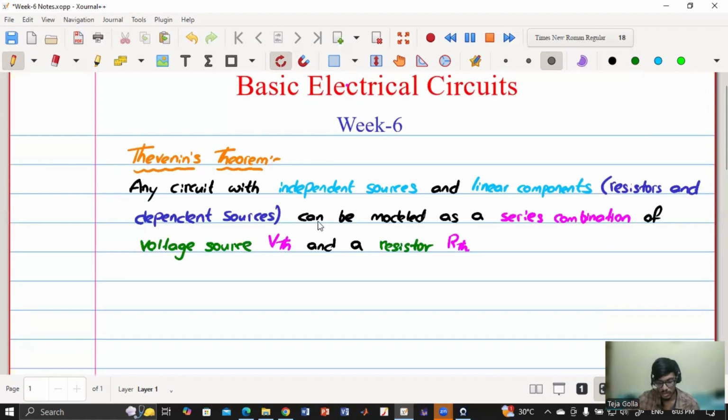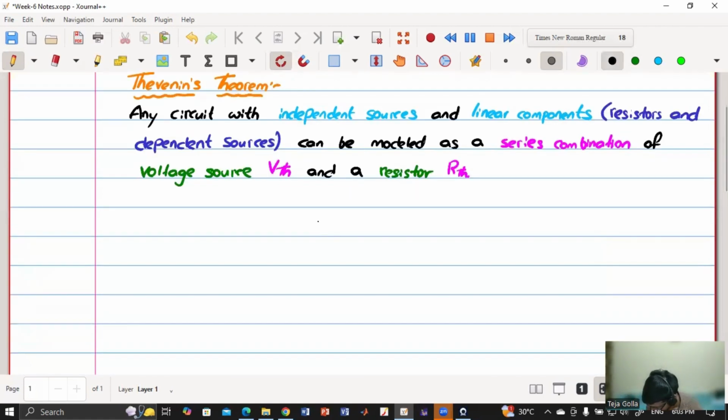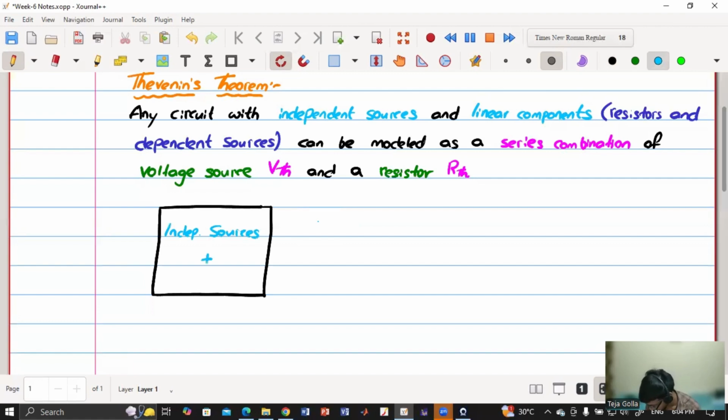Let us first draw a circuit. Let me consider one circuit. This circuit will have some independent sources plus some linear components, and say it has two terminals, named 1 and 1 dash.